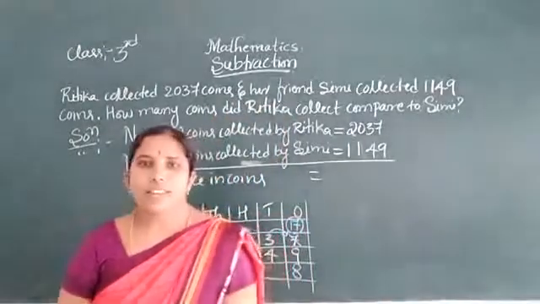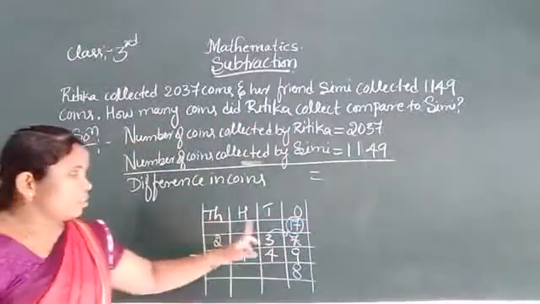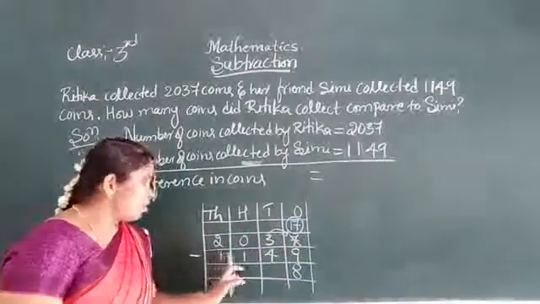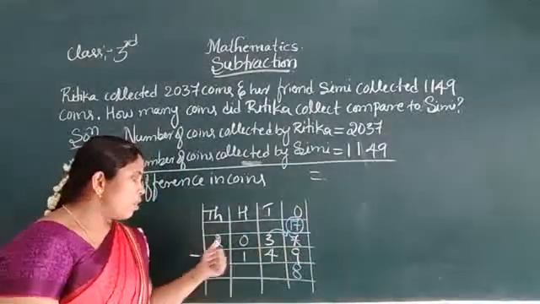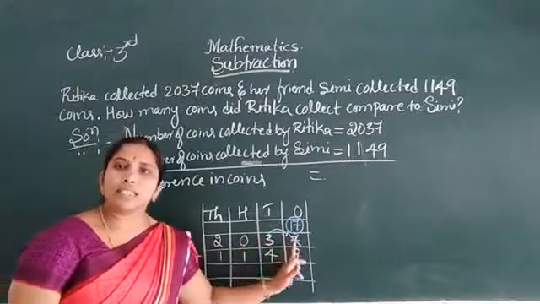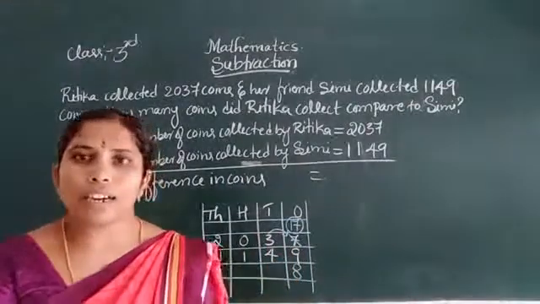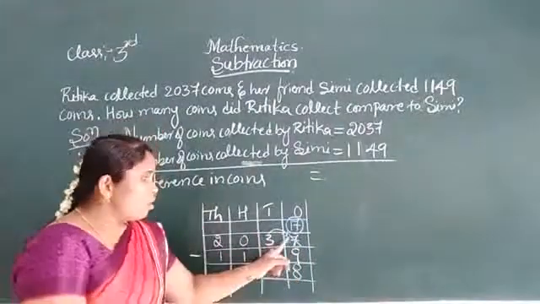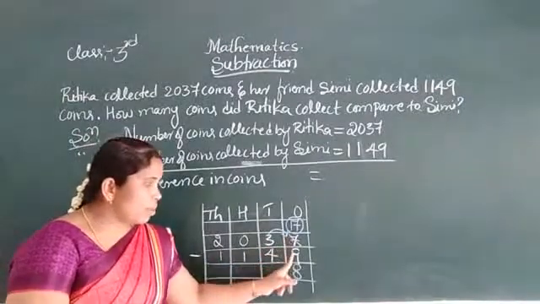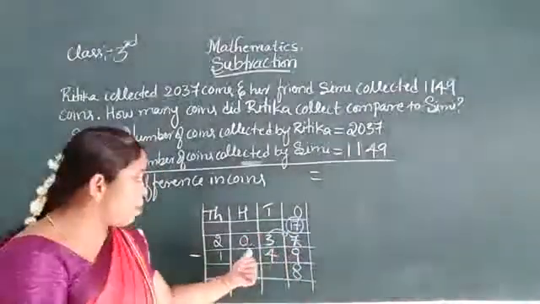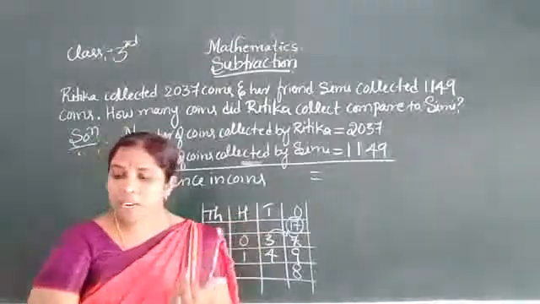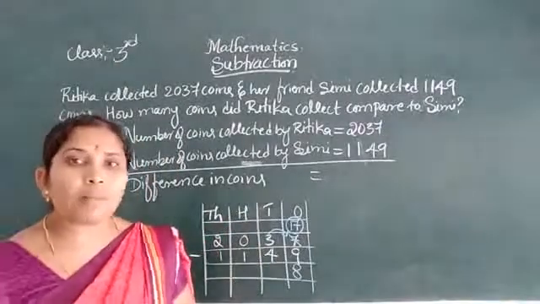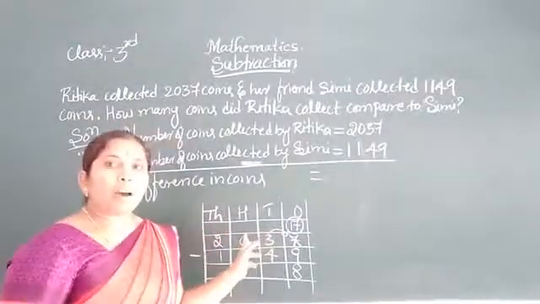Okay students, subtract 1149 from 2037. Now, see, 7 minus 9 is not possible. Take a borrow from the left side neighbor digit. Which is the left side neighbor digit here? 3. Take a borrow from here.